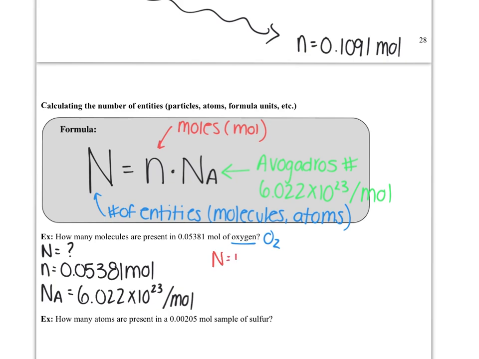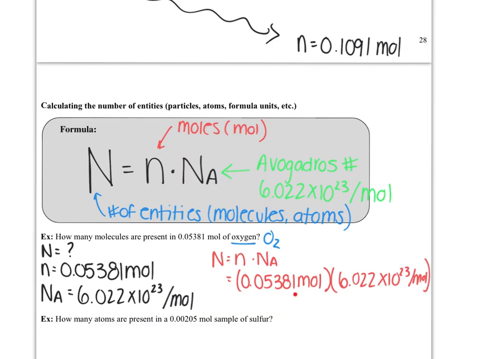So we need our equation. So again, when we're doing math, we always write out the equation first that we're going to sub into. Then we're going to sub in, hopefully in order. So the number of moles, 0.05381, times Avogadro's number. And then we're going to put that in our calculator. How do we do that? Well, we have to use some math here.